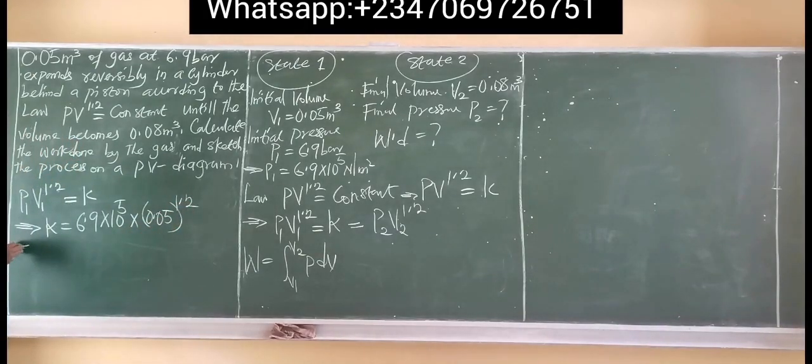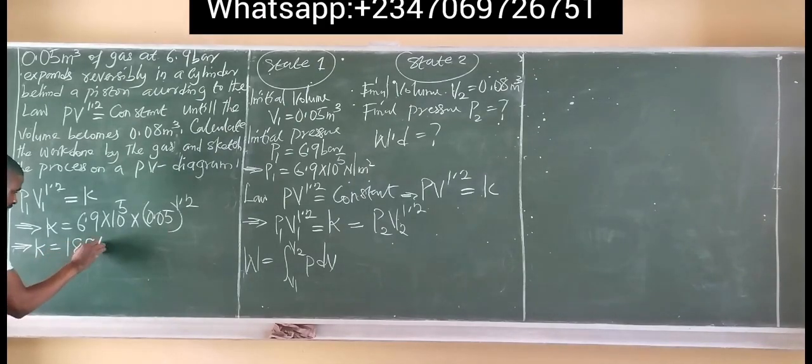Let's punch this all through and get a value. So 6.9 by 10 to the power of 5 multiply 0.05 to the power of 1.2 simply gives us 18950 approximately.